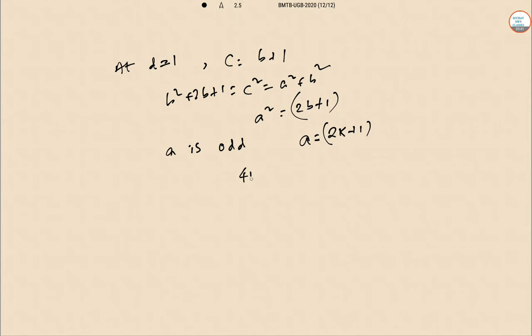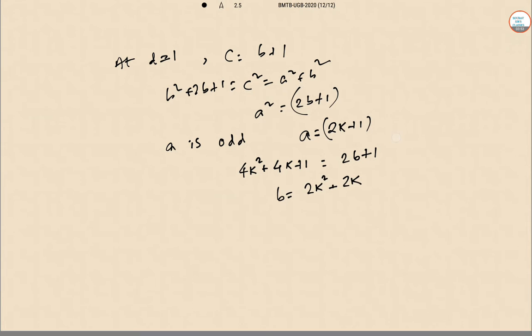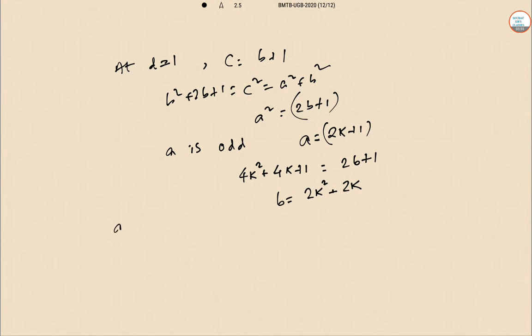So 4k square plus 4k plus 1 equal to 2b plus 1, so b equal to 2k square plus 2k. So a equal to 2k plus 1, b equal to 2k square plus 2k, c equal to 2k square plus 2k plus 1.